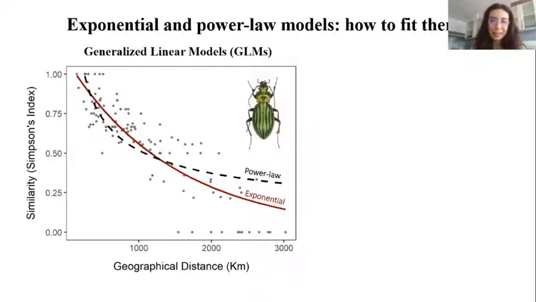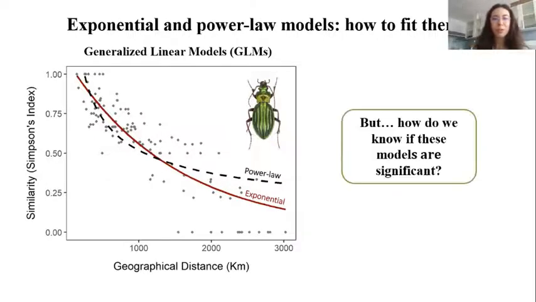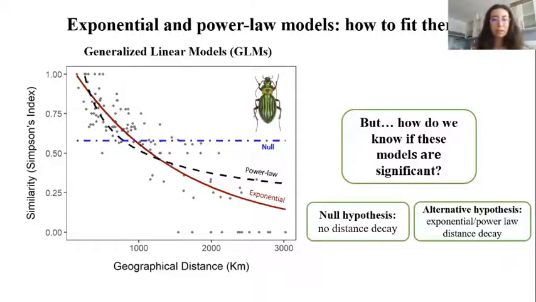The next step would be to know if the pattern that we are studying is present in the data and if we are capturing it with our model. This means that we need to test if the models are significant. This means that we want to contrast two hypotheses.